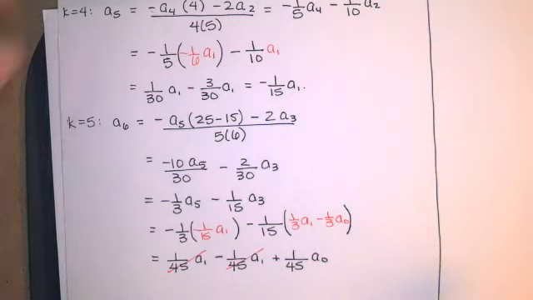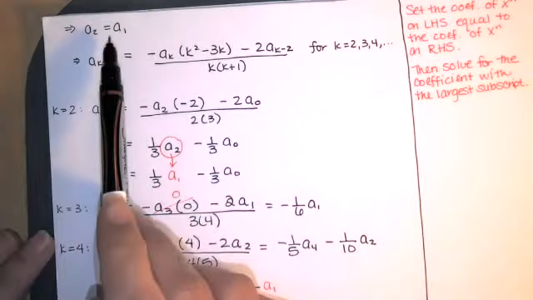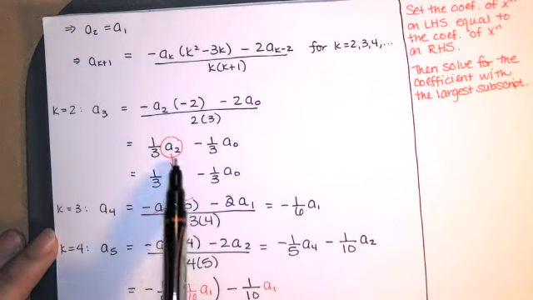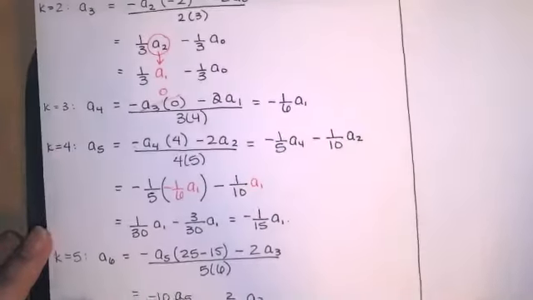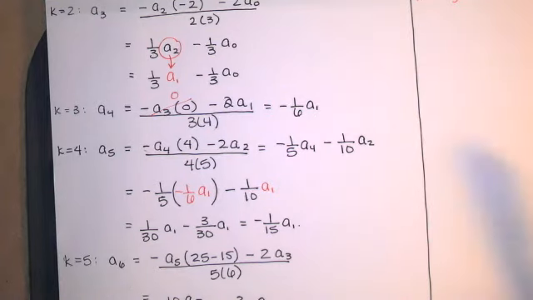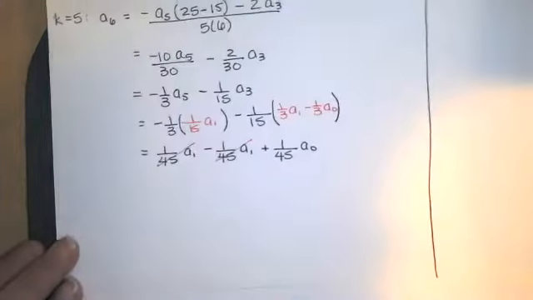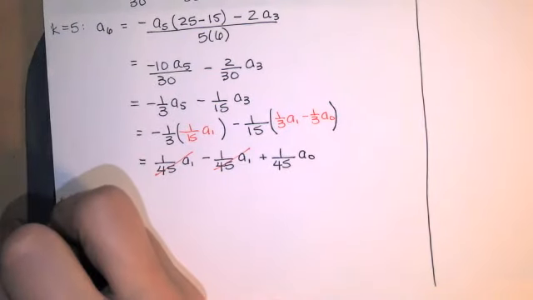So we had that first one that depended on a sub 1, just the automatic one. Then we've got a second one, and a third one, and a fourth one. And we actually have a 5th one right there. So we already have enough terms for the a sub 1, but we still need 2 more that depend on a sub 0 because we only have 3 so far. So we need to keep going.